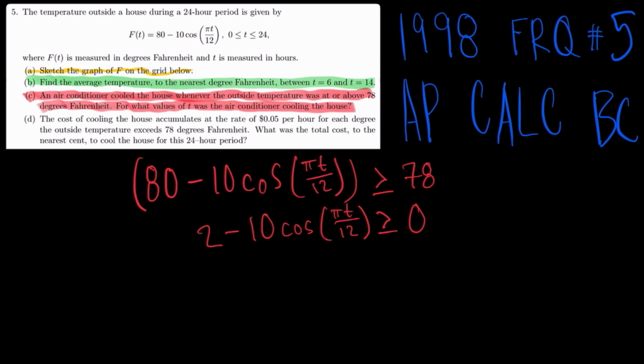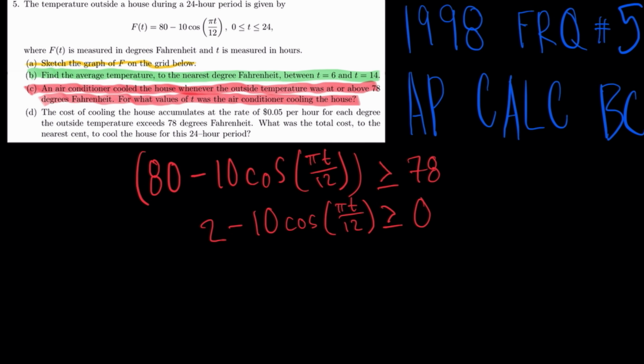From here on out, we can solve for t, or we can just use our calculators. For simplicity's sake, I'm just going to plug this into my calculator and see when it is greater than or equal to 0. So I have graphed this expression right here, and I'm making sure to set my window so that my minimum x value is at least 0 and my maximum x value is at least 24.